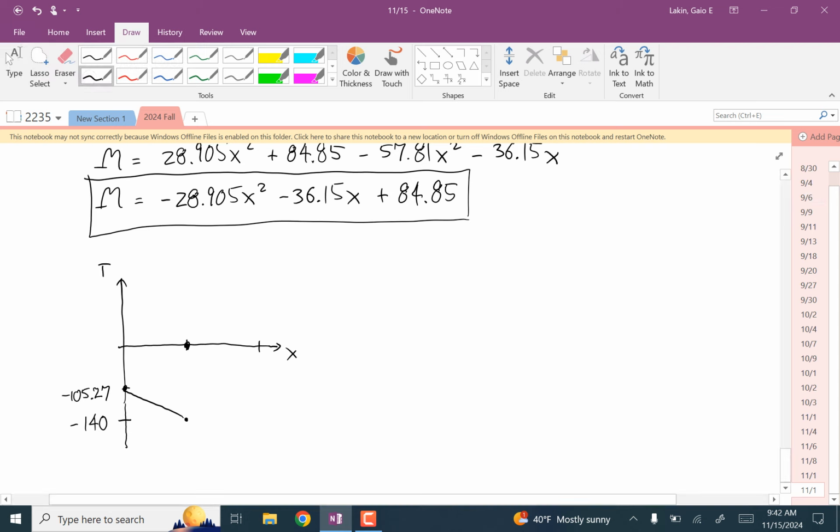I'll just call it negative 33. So two parallel lines like that.